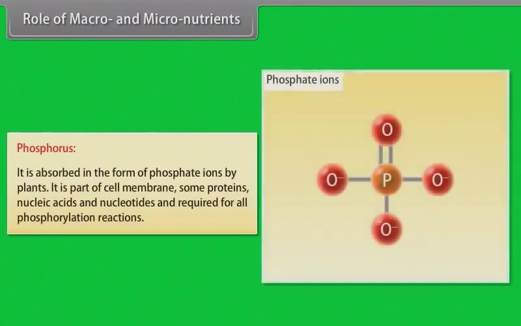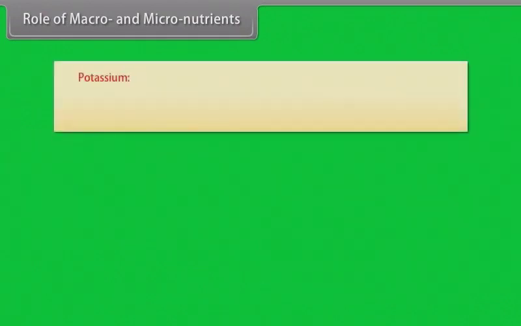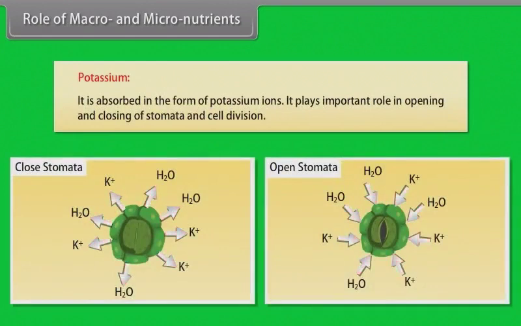It is absorbed in the form of phosphate ions by plants. It is part of the cell membrane, some proteins, nucleic acids and nucleotides and is required for all phosphorylation reactions. Potassium. It is absorbed in the form of potassium ions. It plays an important role in opening and closing of stomata and cell division.